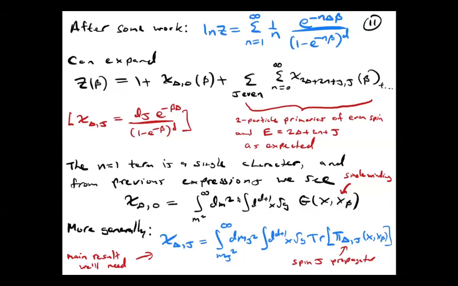So here's the formula that I really want: the expression for the characters of an arbitrary representation is given by, you take the propagator for the object of the corresponding mass and spin, trace it, take the single winding contribution, integrate that over AdS, integrate with respect to the mass, that is the character. So this gives you the bulk representation of the character.